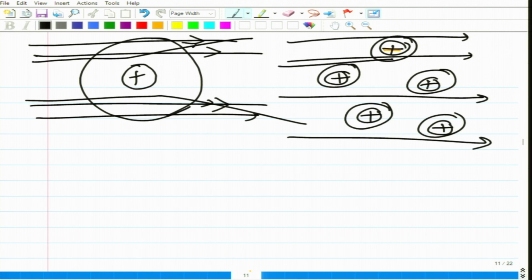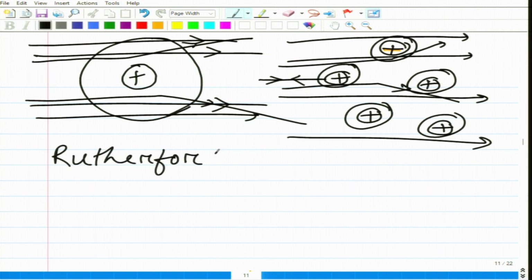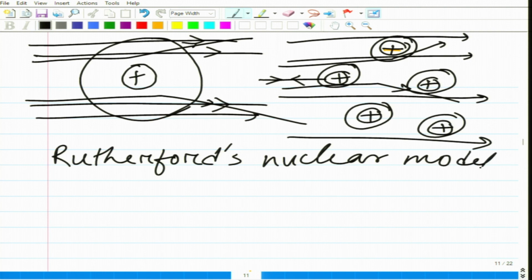Near the nucleus, they will be deflected like this, and when one hits a nucleus, it will bounce back. So, from there the Rutherford nuclear model of the atom was generated.